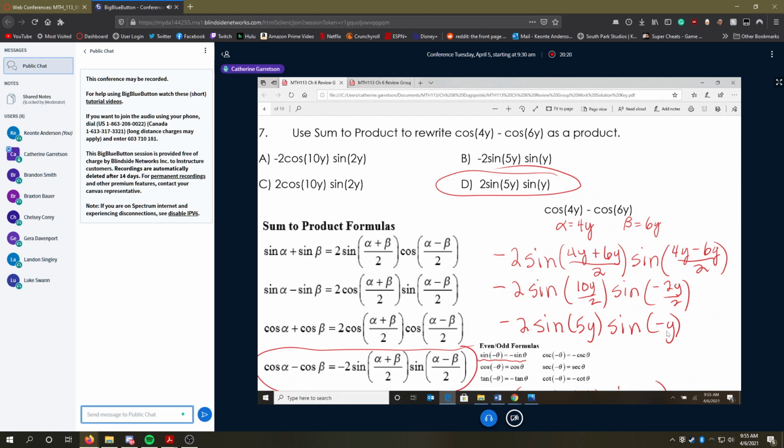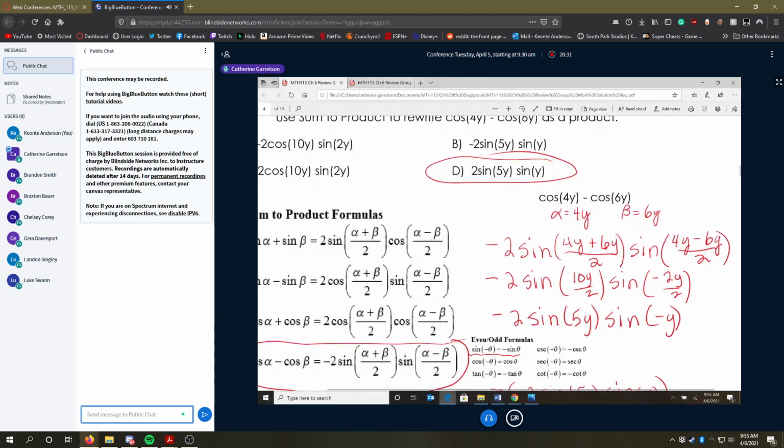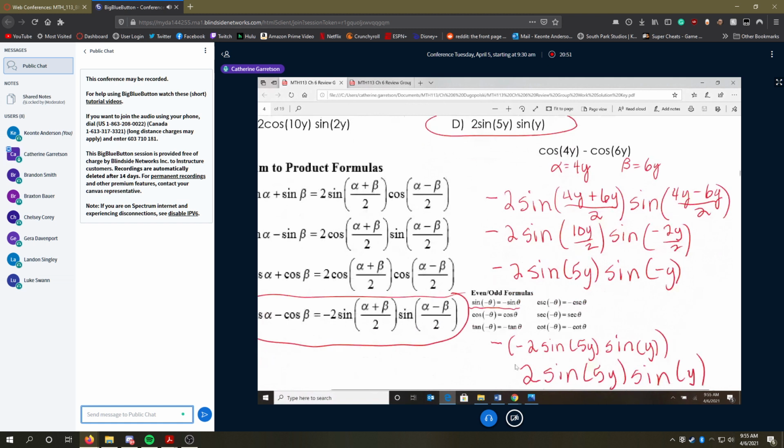Well, now I've got to pull in another identity because we're not going to leave a negative angle because that can be cleaned up. The even-odd identity says if I have a sine of a negative angle, I can change the angle to be positive, but I will have to multiply the front by a negative 1. So this negative 2 will need to get multiplied by a negative 1, which will make it be a positive 2.